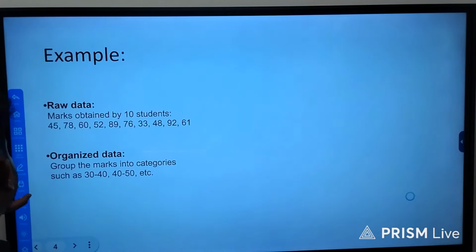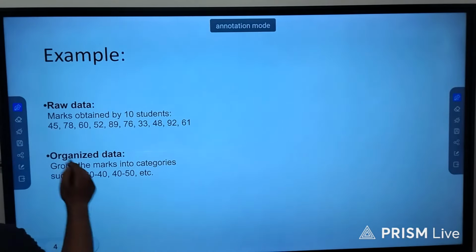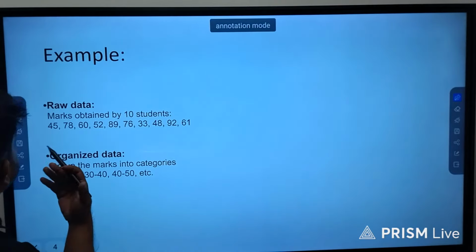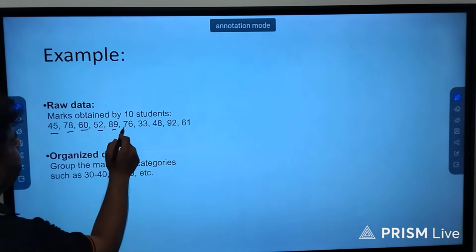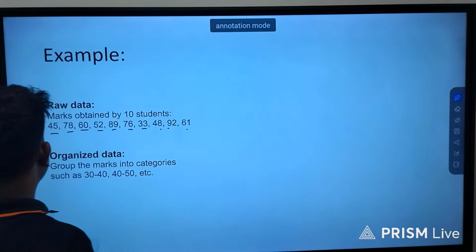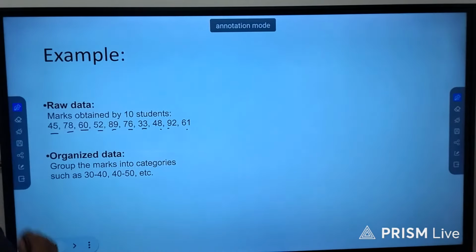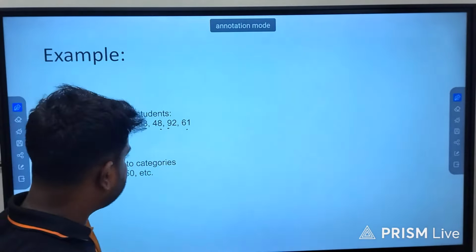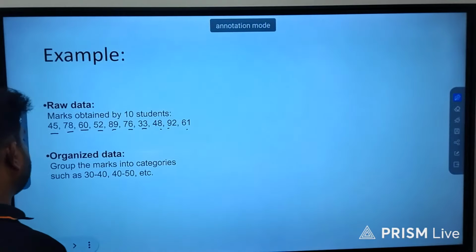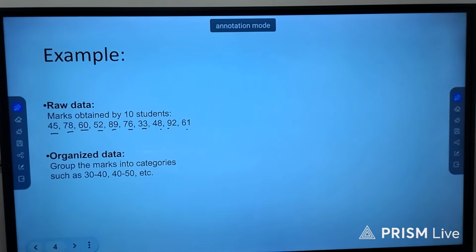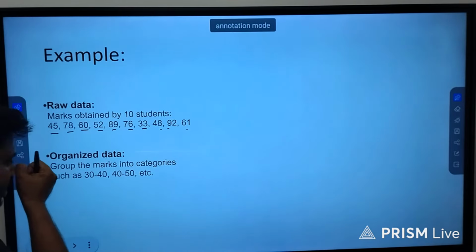Here are the examples of raw data and organized data. What is raw data? Marks obtained by 10 students, given randomly. This will be termed raw data. The next one is organized data, that is, grouping the marks into categories.